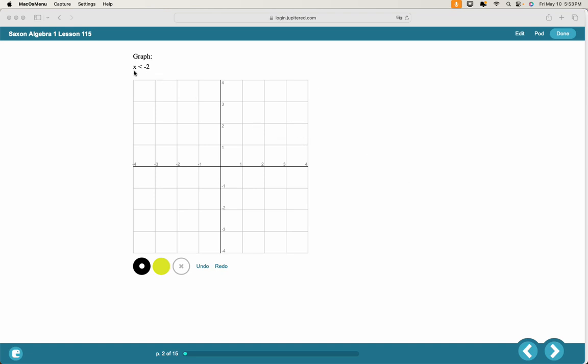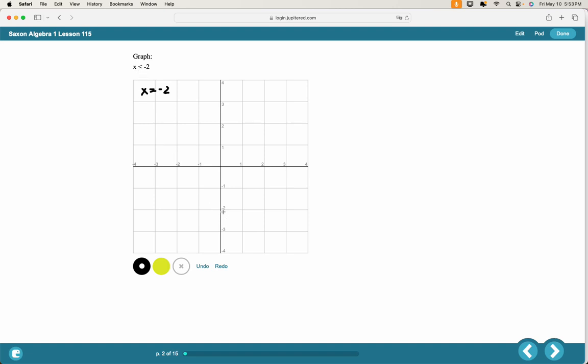So it asks us first to graph x is less than -2. Well, the first thing that we need to do in order to graph this is to graph it as the line x is equal to -2. So that's the line we're going to graph. But we're going to graph it with dots because there's no equal sign underneath this inequality.